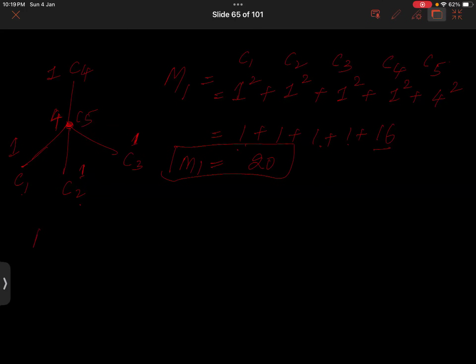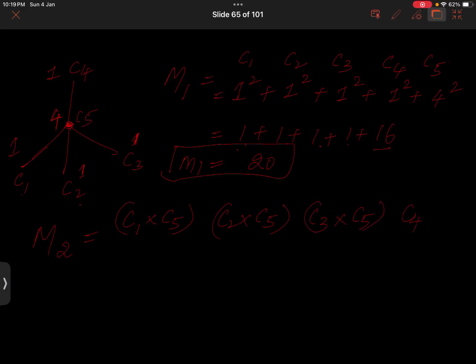Let me calculate M2 for this, the Zagreb index M2. So this is the adjacent edge sharing adjacent vertices, C1 into C5. These are adjacent. Then C2, C5. They are adjacent. C3, C5. They are adjacent.